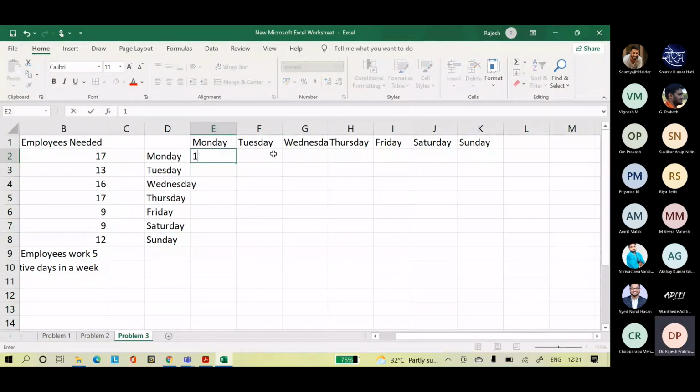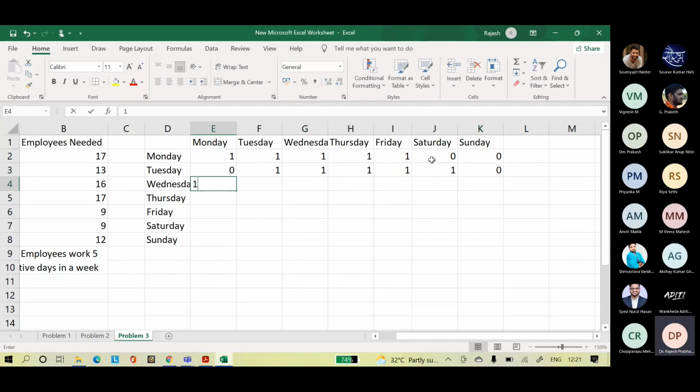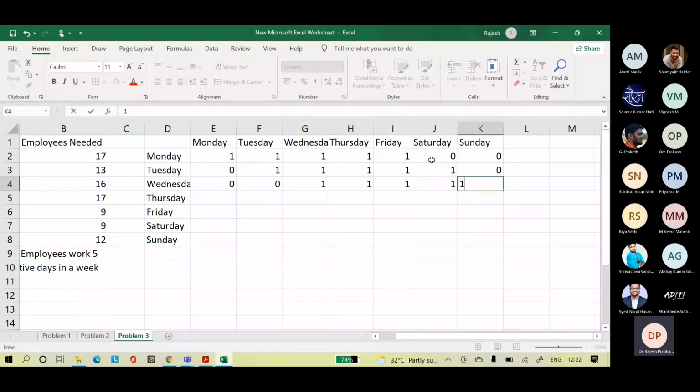So consecutive days: 1, 1, 1, 1, 1, and then 0 and 0. Right? So this is how consecutive days will work. Then 0, 1, 1, 1, 1, 1, and 0. Then 0, 0, 1, 1, 1, 1, 1.